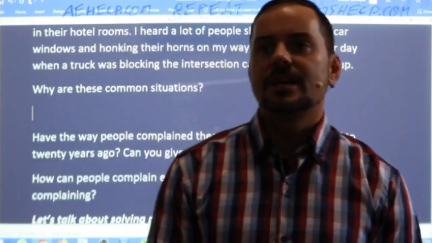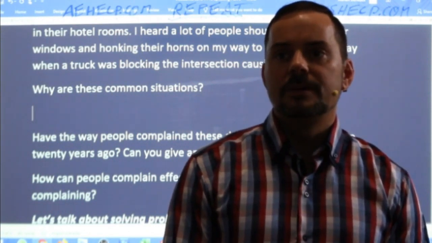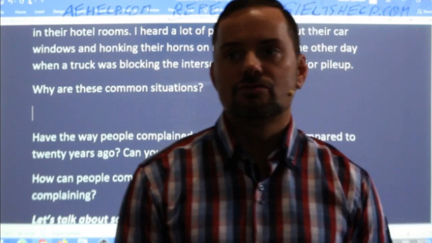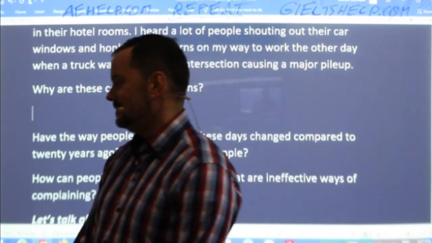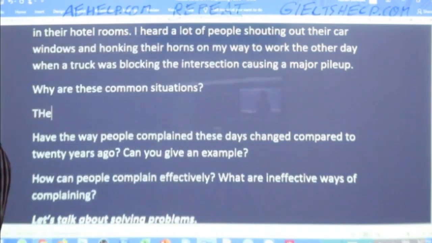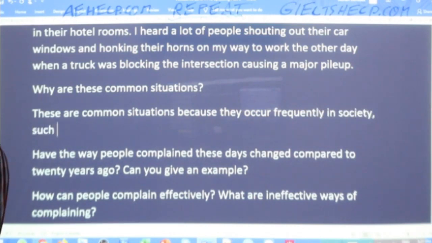Violetta Castro says these are common situations because people don't have control over them, but they wish that they did. Okay? All right, so Violetta says these are common situations because they occur frequently in society, such as getting stuck in traffic on the way to work.